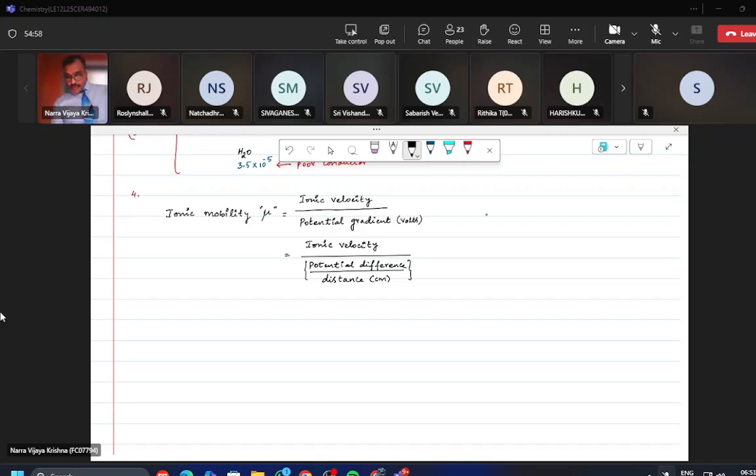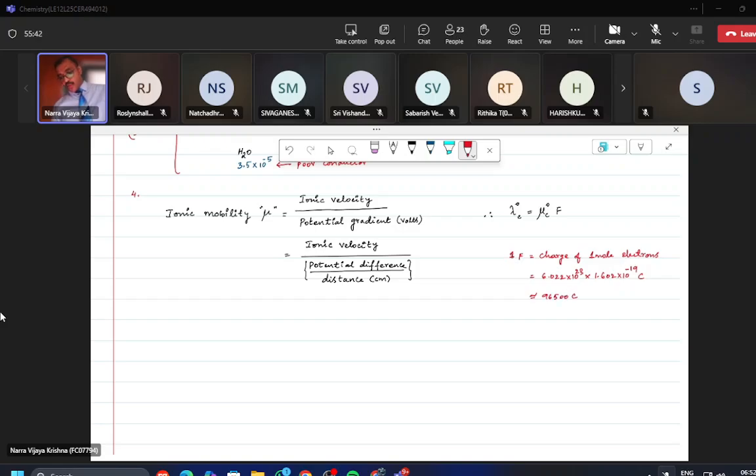Now, conductance of any ion is equal to its ionic mobility into Faraday. What is 1 Faraday? Charge of 1 Faraday means charge of 1 mole of electrons: 6.022 into 10 power 23 into charge of each electron 1.602 into 10 power minus 19 coulomb, which is equal to 96,500 coulombs.